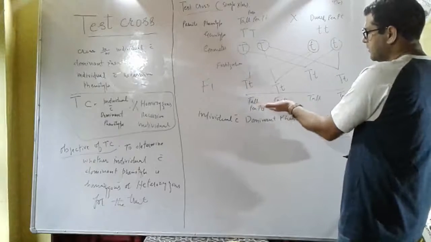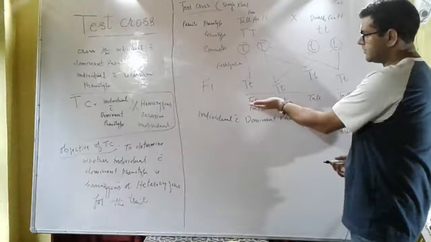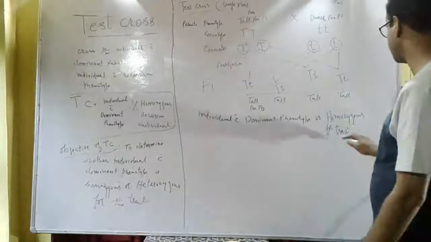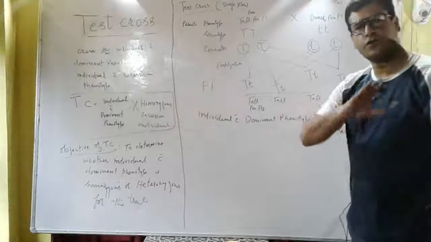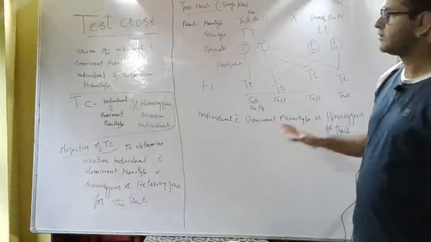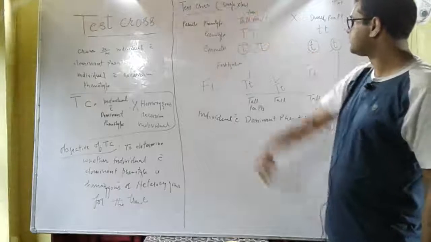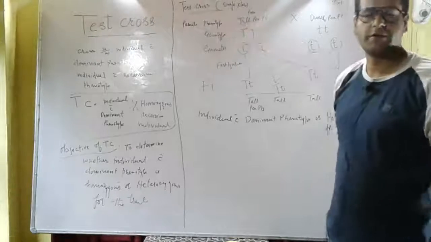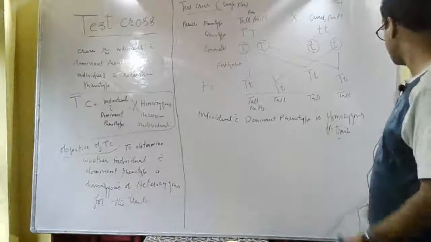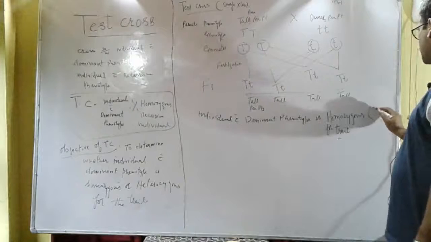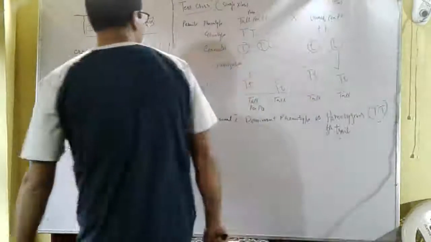We obtained the individuals, the progenies, the offsprings with the dominant trait. There was no recessive trait in the F1 generation. When there is no recessive trait in the F1 generation, we say that the individual with dominant phenotype is homozygous for the trait. So it would obviously have capital T. Then this was case first.